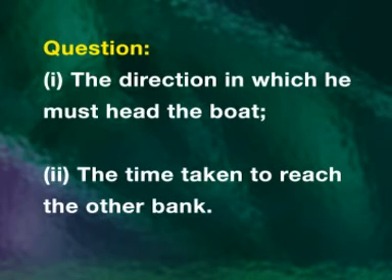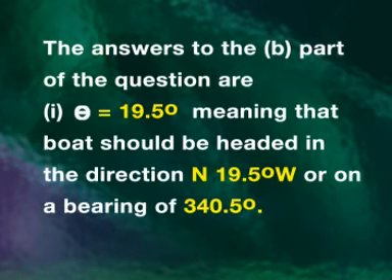Calculate I, the direction in which he must head the boat, and II, the time taken to reach the other bank. The answers to part B are: I. Theta equals 19.5 degrees, meaning the boat will be headed in the direction north 19.5 degrees west, or on the bearing of 340.5 degrees.